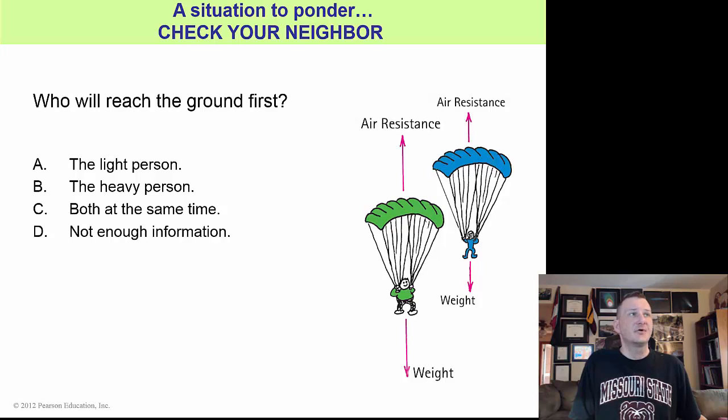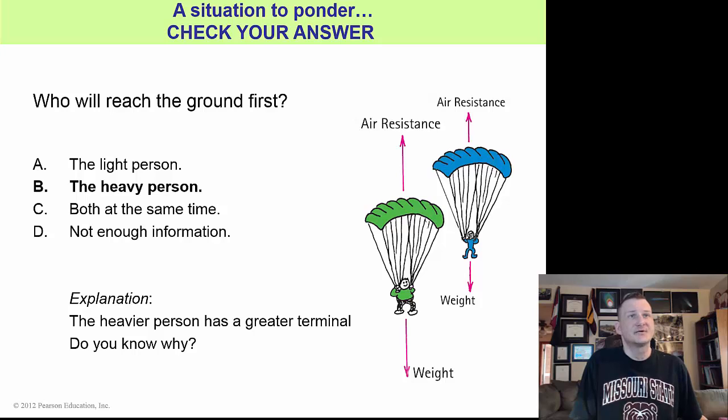Who will reach the ground first? The light person? The heavy person? Both at the same time, or there's not enough information? Look at that for a minute. What do you think? Well, the heavy person would, of course. They have a greater terminal velocity.